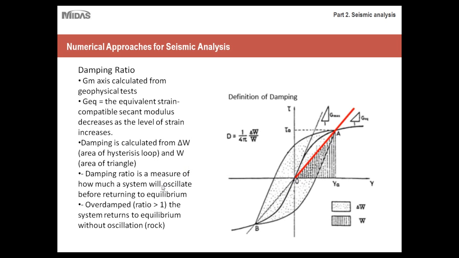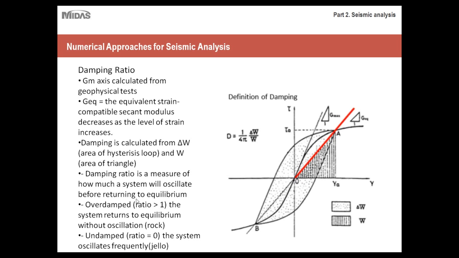So think of it this way: when the damping ratio is over 1, the system returns to equilibrium without oscillation. Just imagine a very solid rock being subjected to seismic loading. Once that earthquake is done, that rock will just be still. There won't be any vibrations within the system itself.